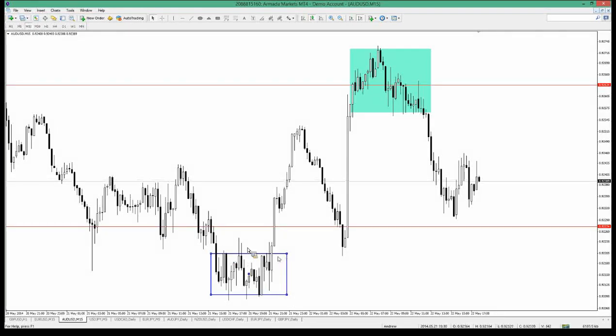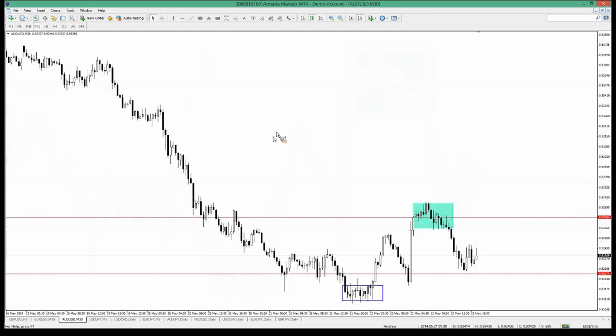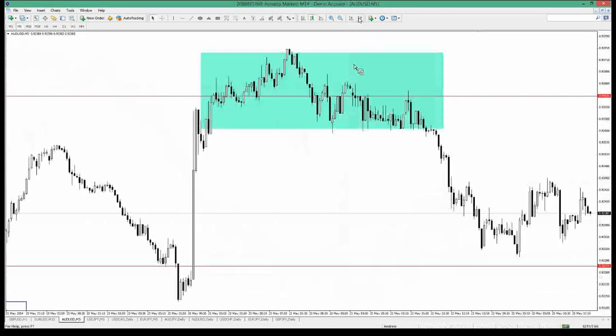As I said before, just get rid of those wicks. The wicks are just noise. So we have a very nice clear-cut base here, and at the top end, either we use this rectangle tool, or very simply just move up a time frame. Let's look at the 5-minute chart at this top area.